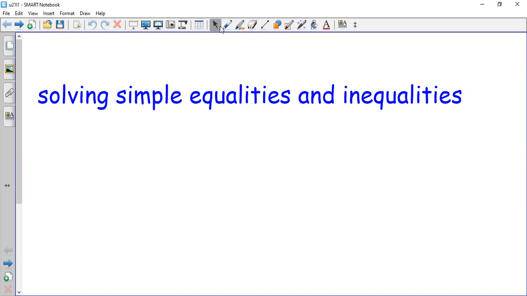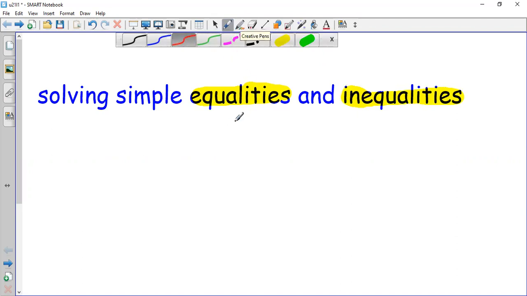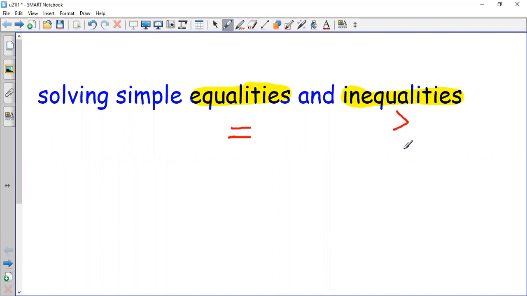First, what is the meaning of these two words, equalities and inequalities? Equalities refers to the math sentences that use the equal sign, and inequalities refers to the math sentences that use greater than or less than signs.